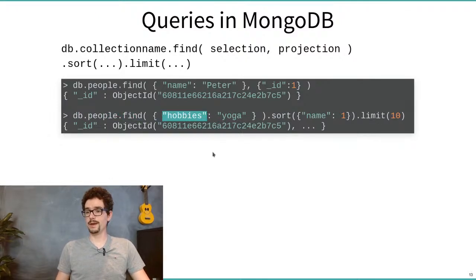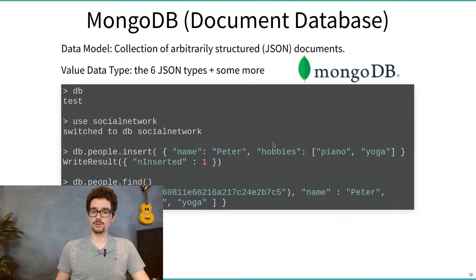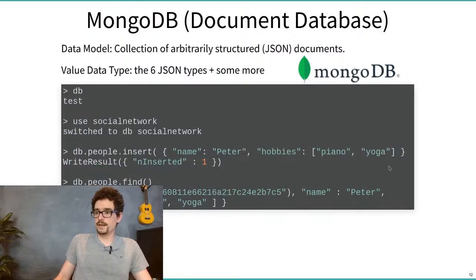Hobbies was an array. So one slide backward, we had here Peter with a hobbies array, and MongoDB evaluates selections on arrays simply as if the array were unnested, as if it were each of the strings.